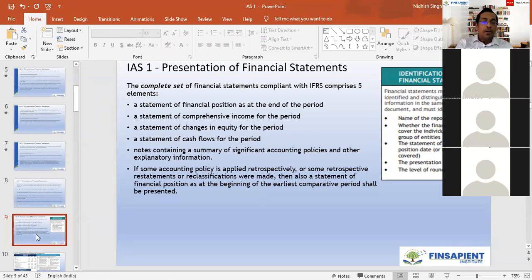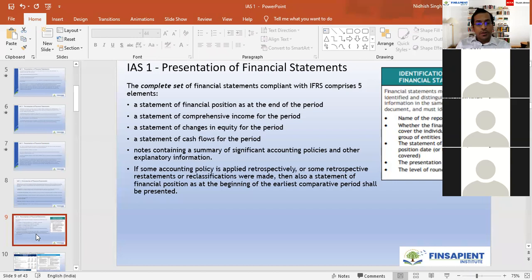An important point, though we will also revisit this in the accounting policy IAS 8, is that whenever there is a change in the accounting policy, and what is a change in accounting policy? The accounting policy is considered to be changed when, say, you have amended the policy of, say, depreciation.